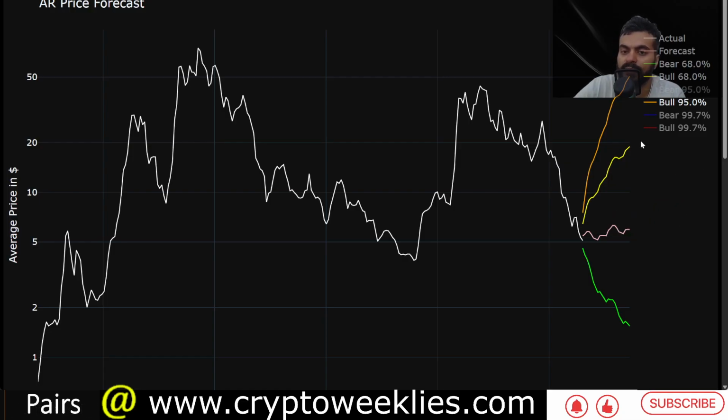There is a 68% chance that the prices stay between $6.42 and $18.94 in the next 6 months if there was a bullish recovery. Similarly, the alternate possibility is between $2 and $4.50 if the market were to go ultra bearish.